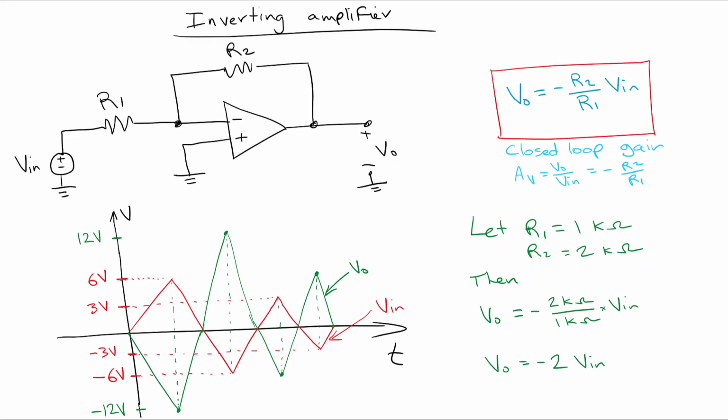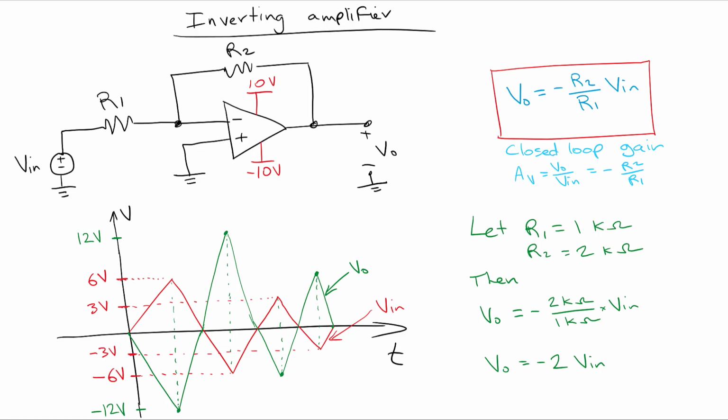I'd like to briefly touch on an important topic, and that is the concept of the saturation of the output of the op-amp with regards to its supply voltages. In a practical op-amp circuit, we're going to have supply voltages. Let's put 10 volts as a positive supply voltage and minus 10 volts as a negative supply voltage.